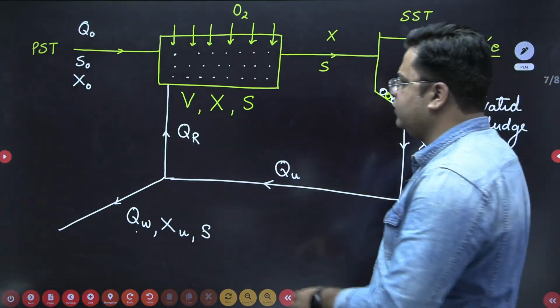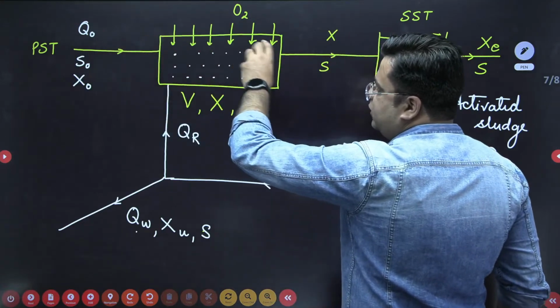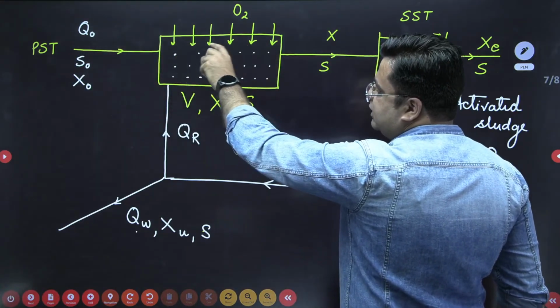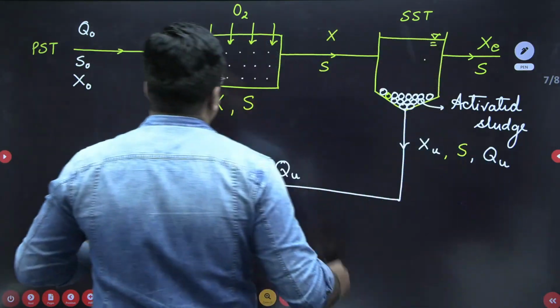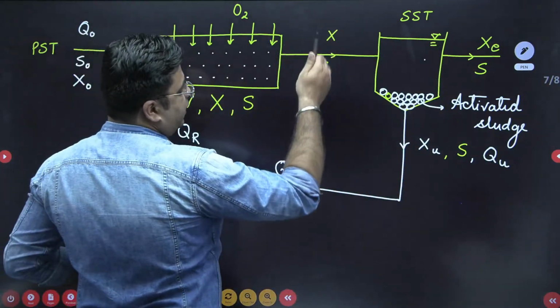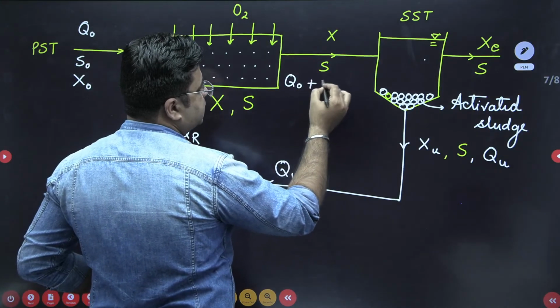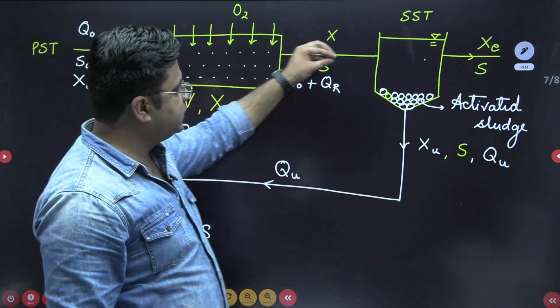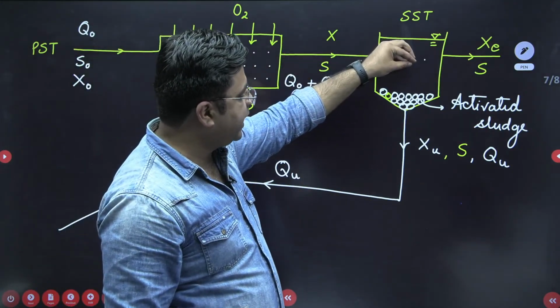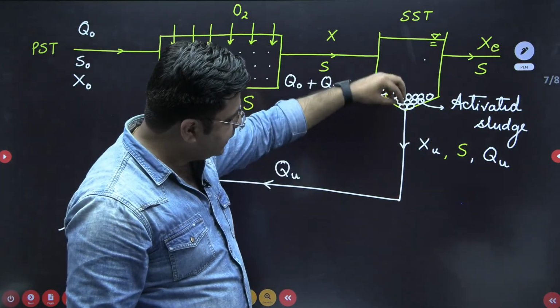Now when you observe this, the total amount of discharge entering the aeration tank is Q0 plus QR. So the total amount of discharge coming out from this aeration tank will be Q0 plus QR. This Q0 plus QR is taken to the secondary sedimentation tank, from where QU amount of discharge is taken out.